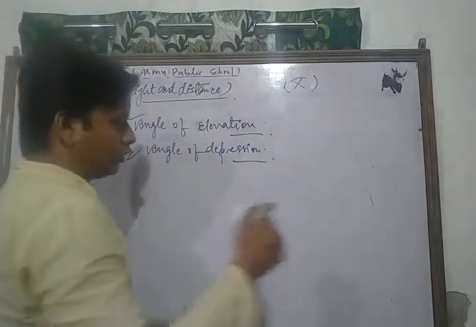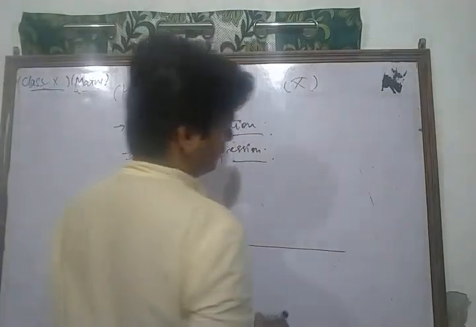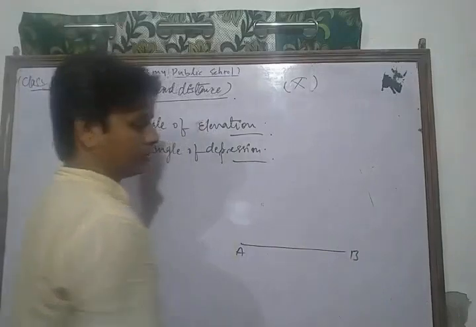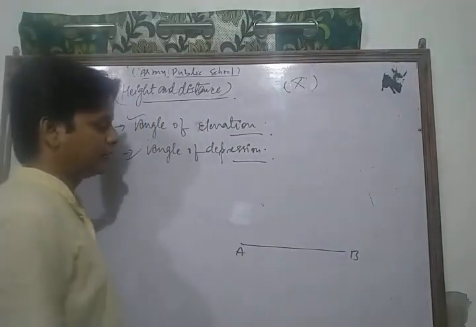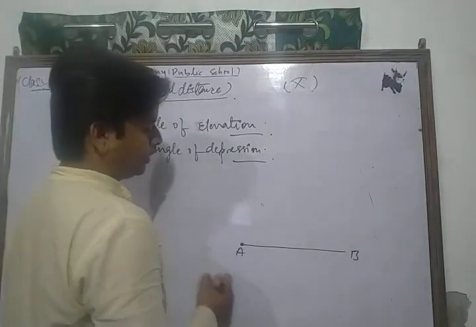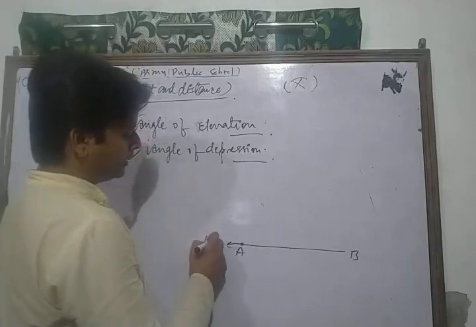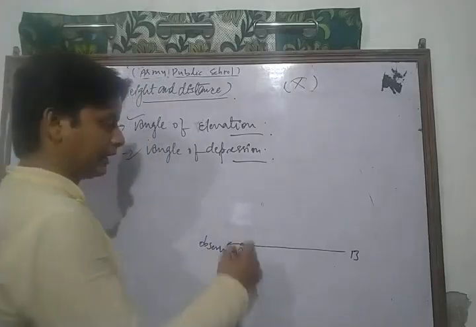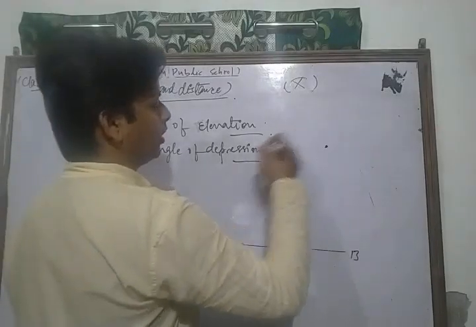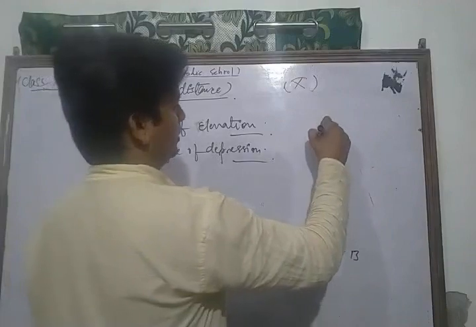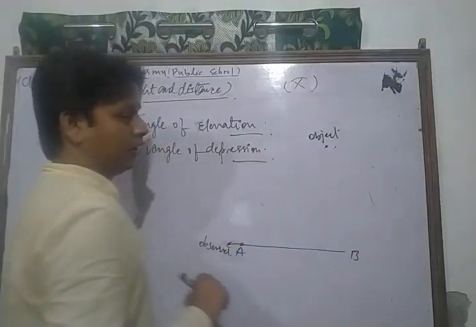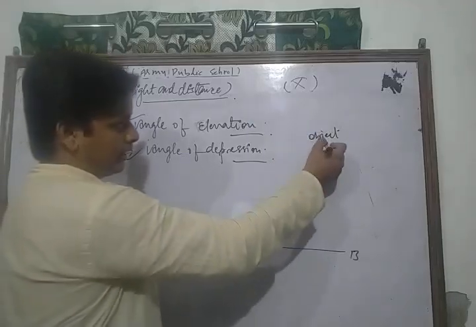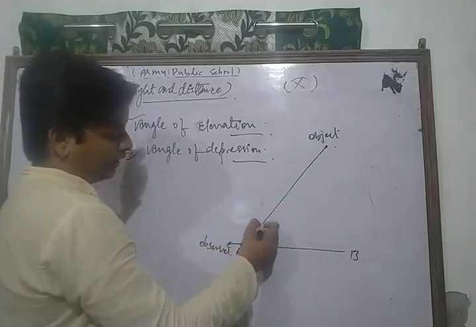Look at this. First of all, suppose that we draw a surface, and let us take AB to be the surface. This is the main horizontal plane surface, and let us take a point A. Suppose the observer is at point A, and the observer looks at an object.